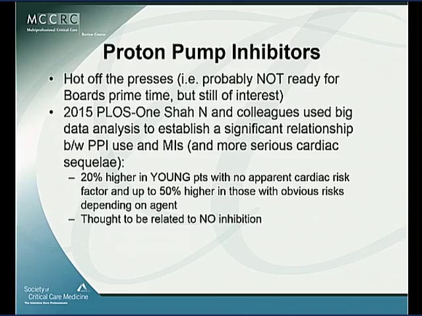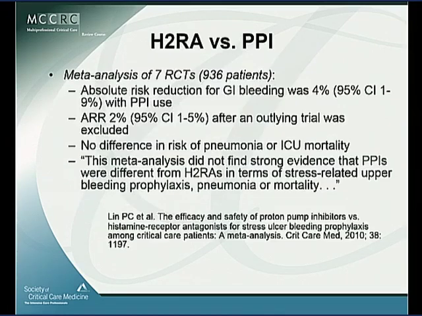And this is thought to be through a nitric oxide pathway. So likely won't show up on your boards, but may years from now, and certainly should prompt us to think about whether these agents should be used as extensively and whether we should be thinking of others.